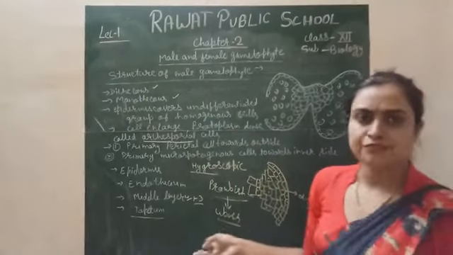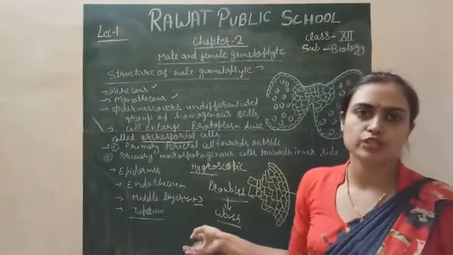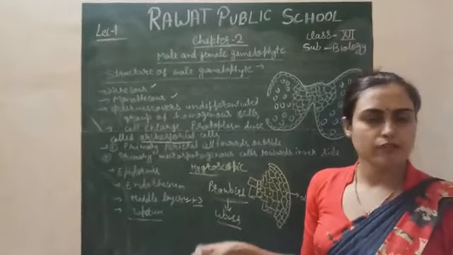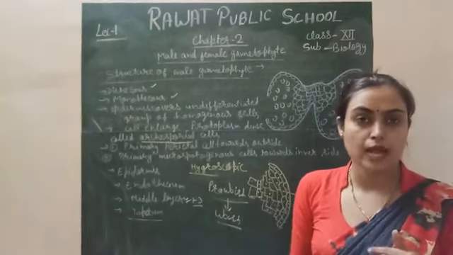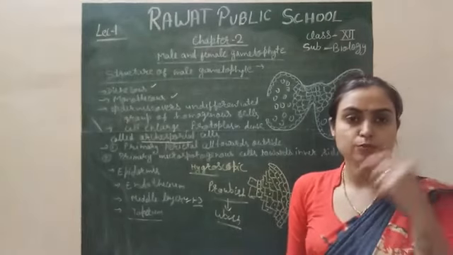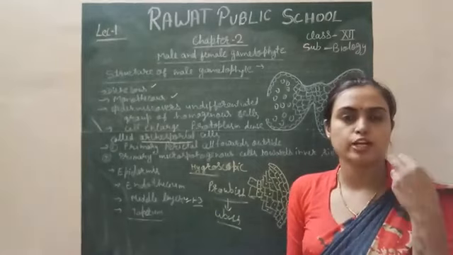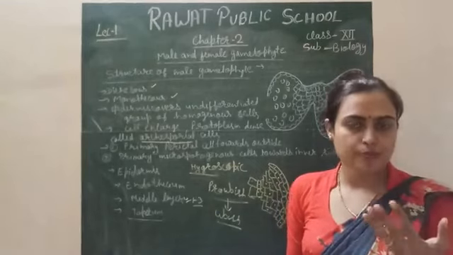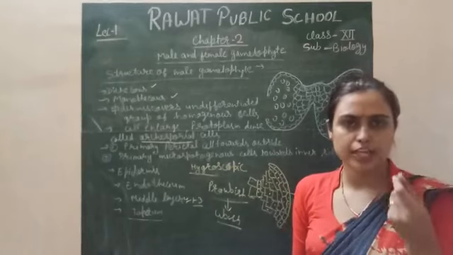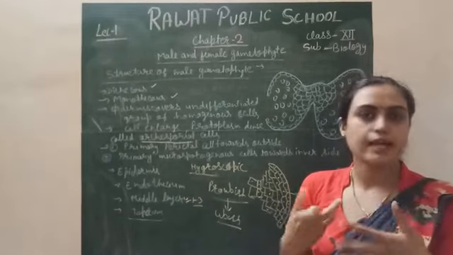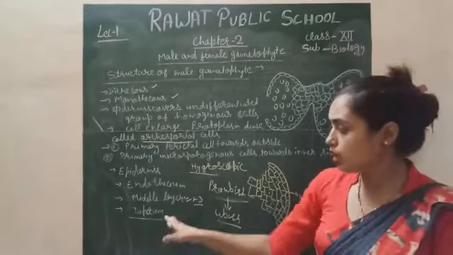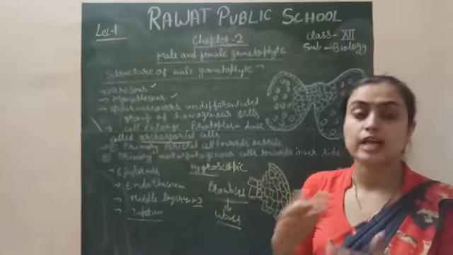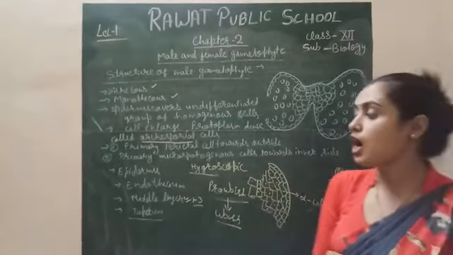Because of this fatty nature, these ubisch cells help in the formation of pollen kit, which provides a special fragrance and special color to the pollen grains, the yellowish color, and the sticky nature of the pollen grain. So the tapetum helps in nourishment as well as in the formation of pollen kit.